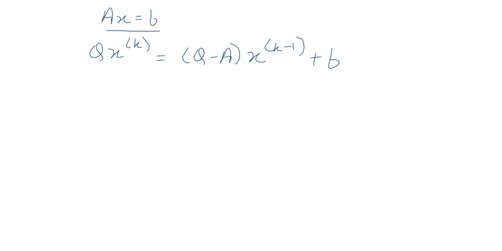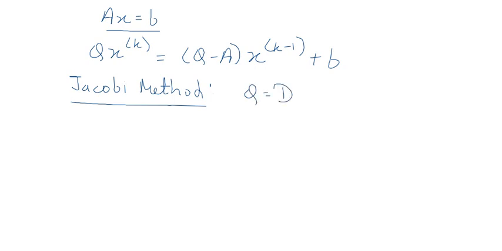Okay, and for the Jacobi method, if you recall, you take Q equal to D, where D is the diagonal matrix whose diagonal elements are the diagonal elements of A. So D is a diagonal matrix where D(i,i) is equal to A(i,i).